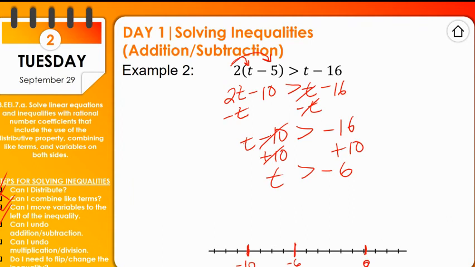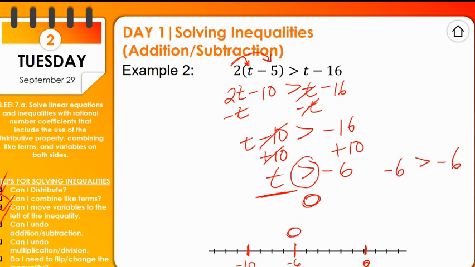So where are the values of t that are greater than negative 6? So I know that if 0 is greater than negative 6, this symbol says I have an open circle. And again, the reason why: if I plug negative 6 into my statement, negative 6 is not greater than negative 6.